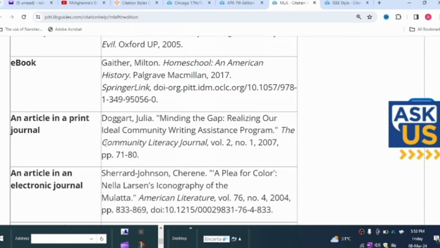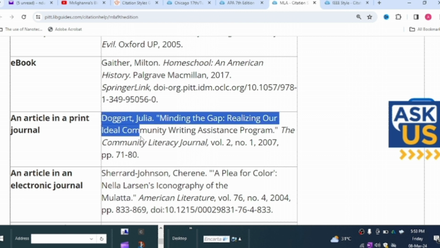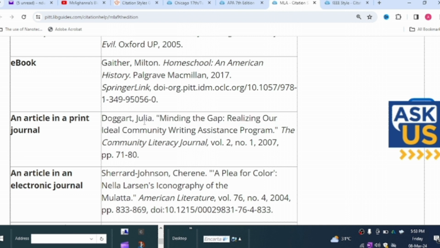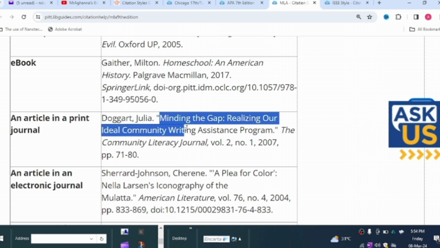Then for journals, you have this to be captured under the reference list. You can see the author's name, then use inverted commas to write the heading or the title of the article or paper.